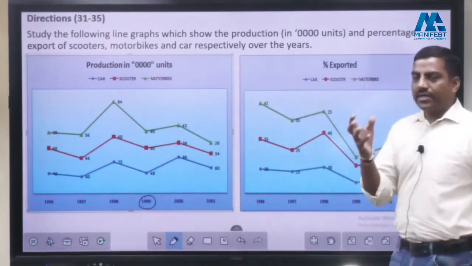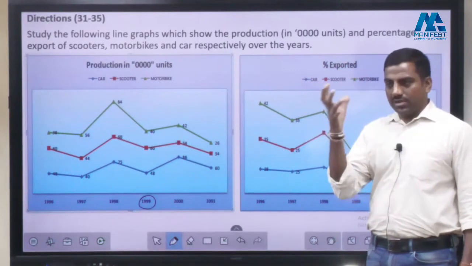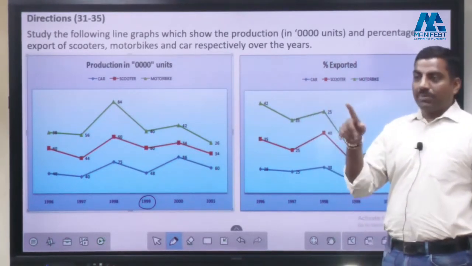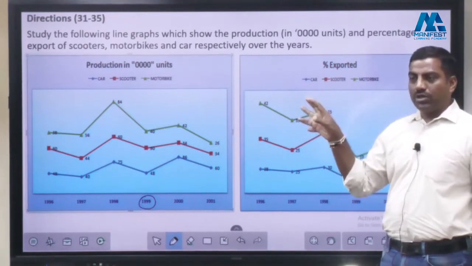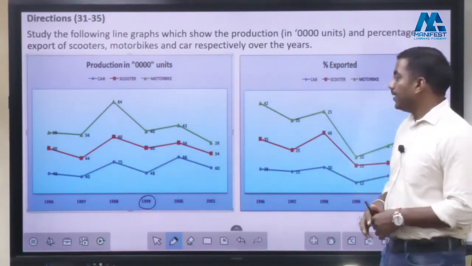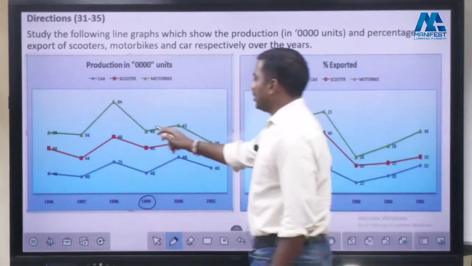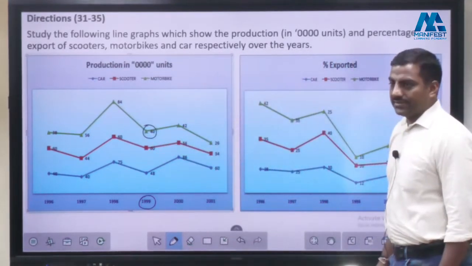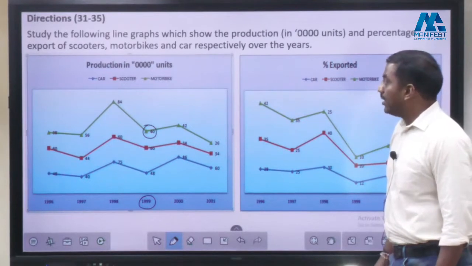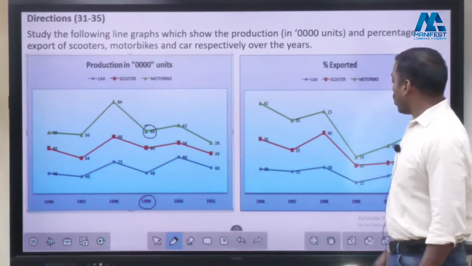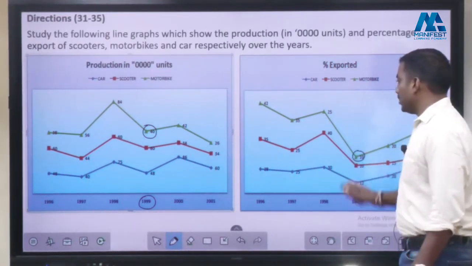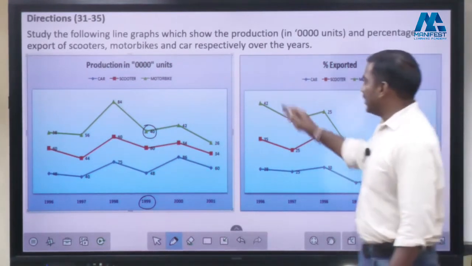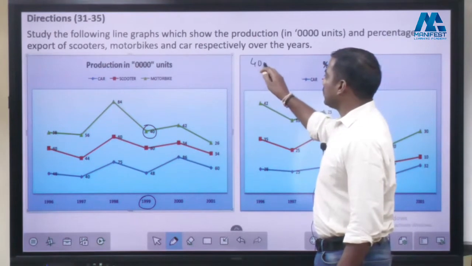You take the total production of a certain category, either car or scooter or motorbike, then multiply with the percentage of export, then you find. See, in this 40, that means 4 lakh motorbikes. In that, how many are exported? 10%. Out of 4 lakh, 10% are exported. So 40,000 are exported.